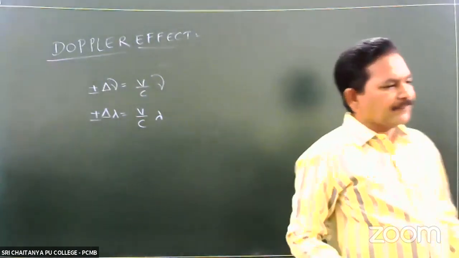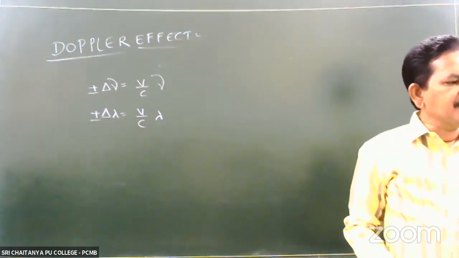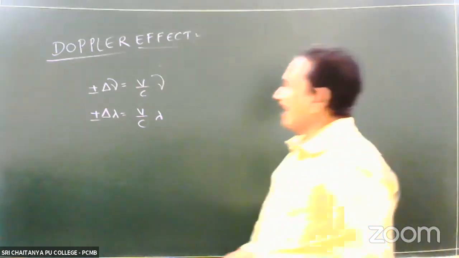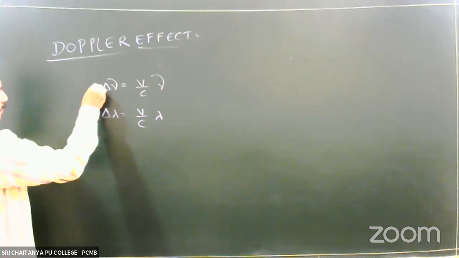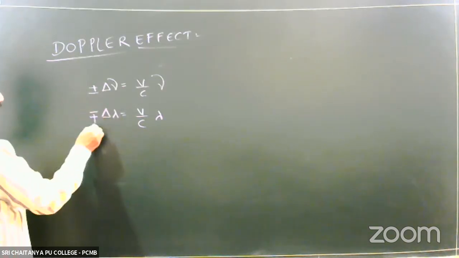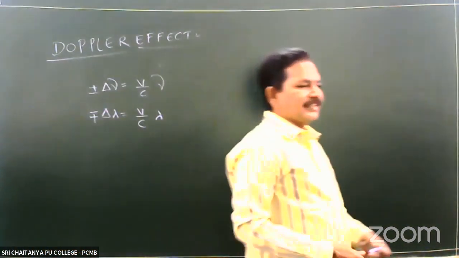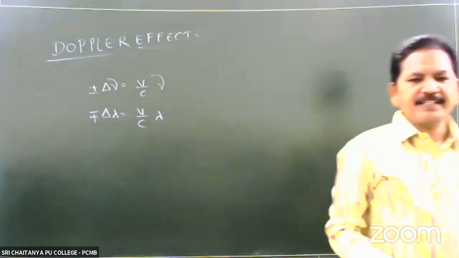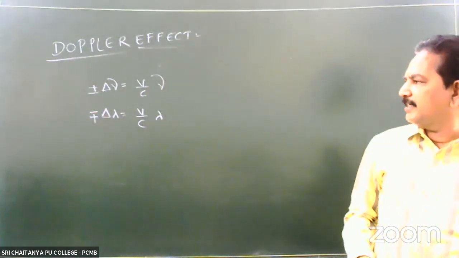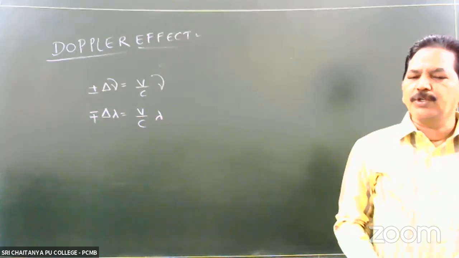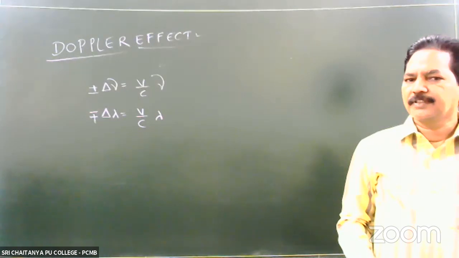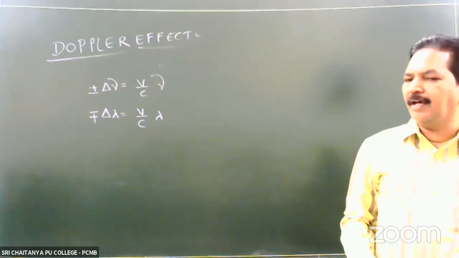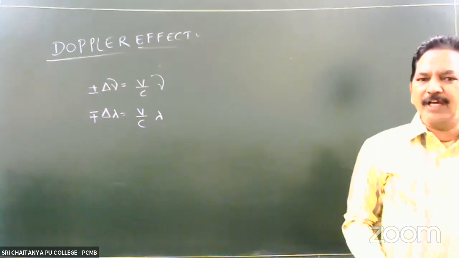In one case, the frequency decreases. In other case, frequency increases. Or slightly, we can modify also: minus plus. If this is plus, this will be minus. If this is minus, this will be plus. If the frequency increases, wavelength decreases. If the frequency decreases, wavelength increases. Plus or minus delta nu is equal to V by C into nu, shift. Plus or minus delta lambda is equal to V by C into lambda.